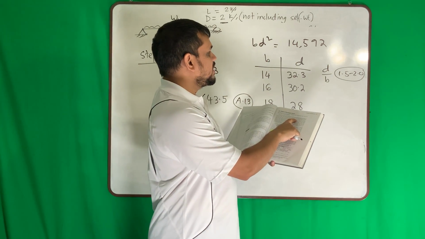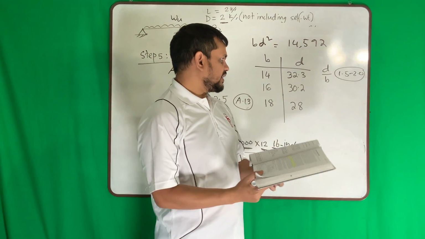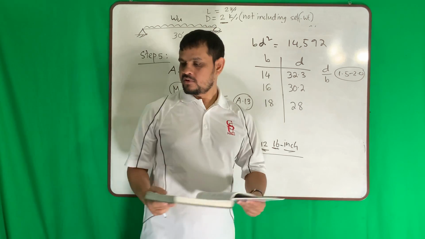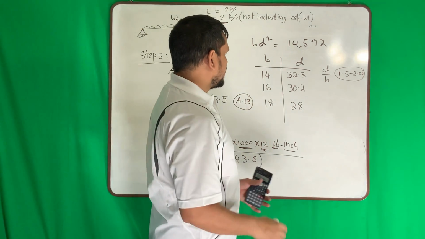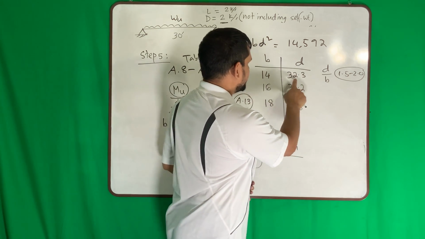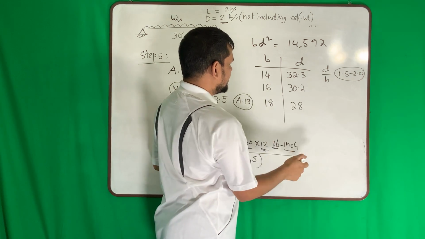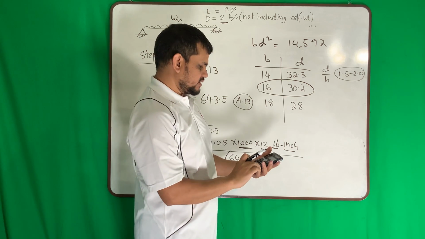So the D to B ratio should be 1.5 to 2, not H. That is why I was thinking something was wrong. The D by B ratio should be 1.5 to 2. So what is the ratio here? More than 2. What is the ratio here? Less than 2.